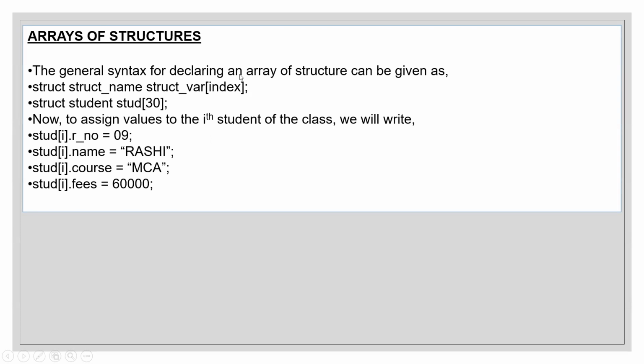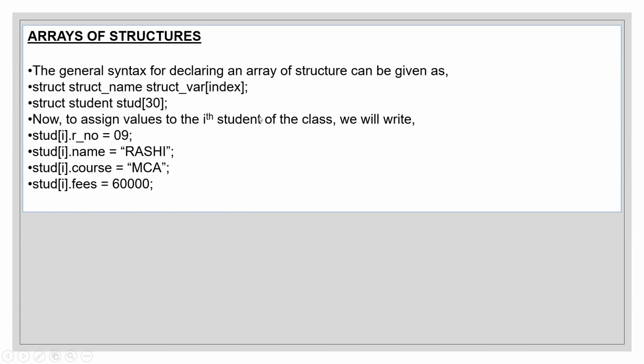That is the general syntax for declaring an array of structures. Now to assign values to the ith student of the class, we write stud[i].roll_number is 09, stud[i].name is Rashi. Values are assigned to the members of the first student, index 0 in the array, using the subscript 0.